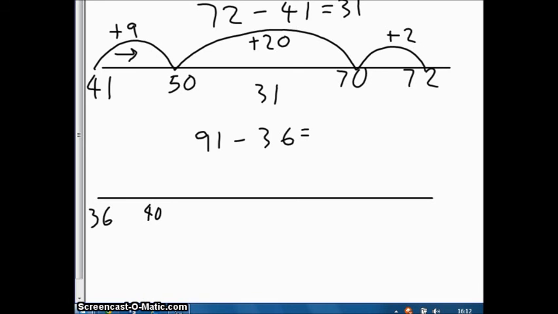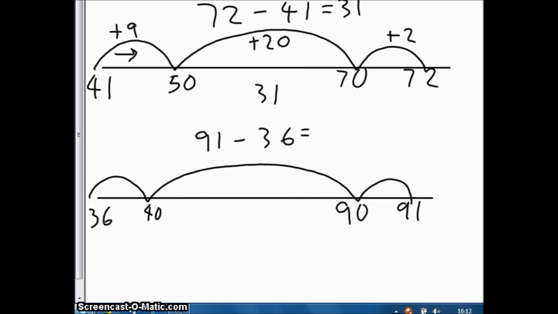What's the 10 less than 91? I don't mean what's 10 less than 91. I mean what is the 10 that is less than 91? It's 90. And the next number, of course, the answer I'm getting to is 91. Now again I start the jump. It's 40 to 90 to 91.